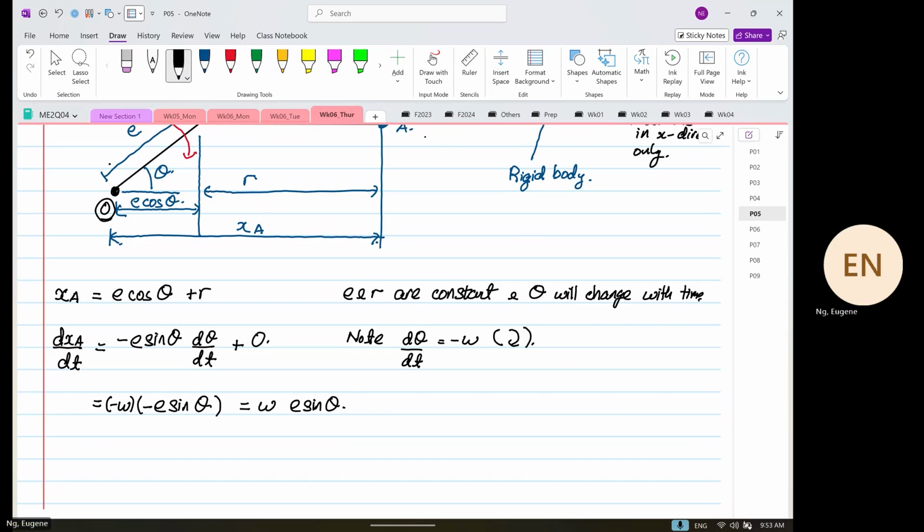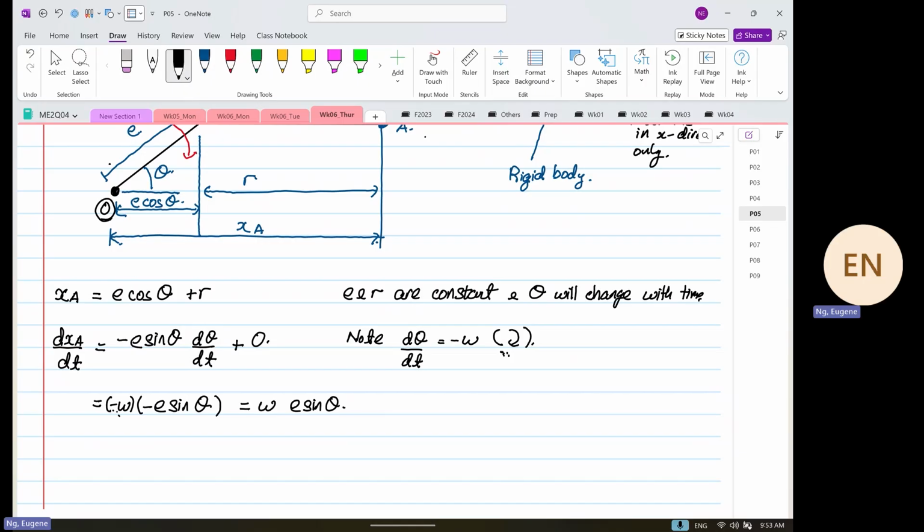Now, why do we have to incorporate the minus down here? Because the rotation is clockwise. And when we apply the right-hand rule, the right-hand rule specifies that anti-clockwise is positive, clockwise is negative, right? Now, how do we know that this is right or wrong?